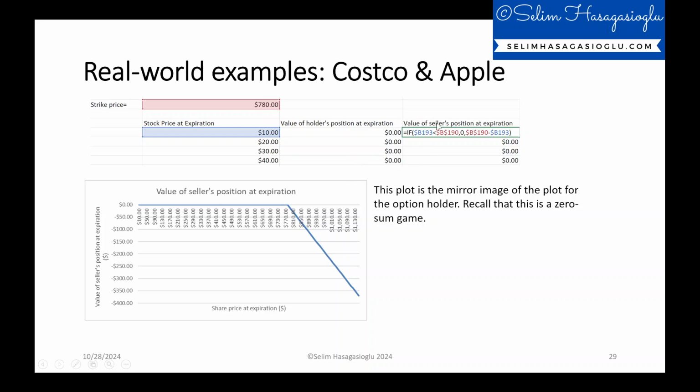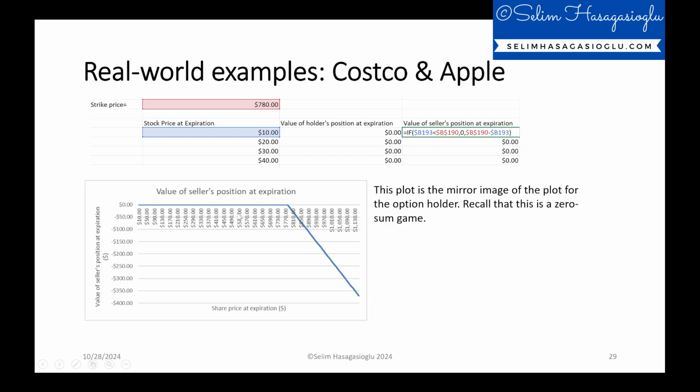Again, we will follow the same procedure, but the formula will be a little bit different. Again, you can use the IF function of Excel. So if the stock price is less than the strike price, the value of the seller's position at expiration will be zero. But if not, the value of the seller's position will be the strike price minus the stock price.